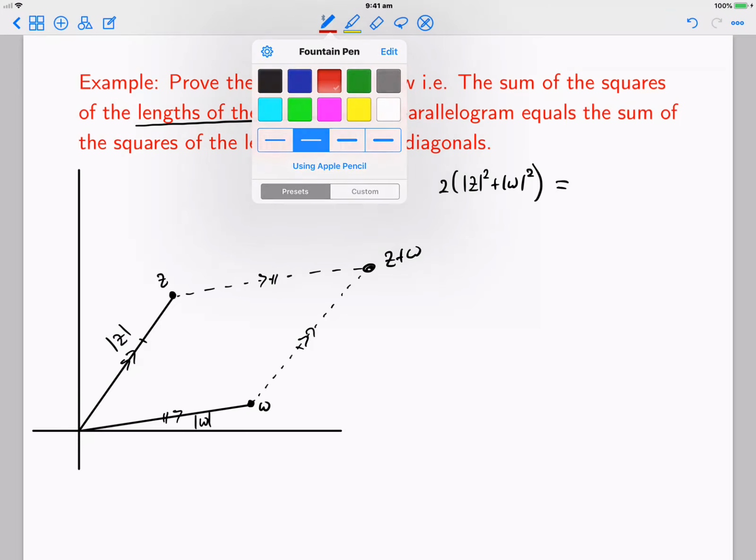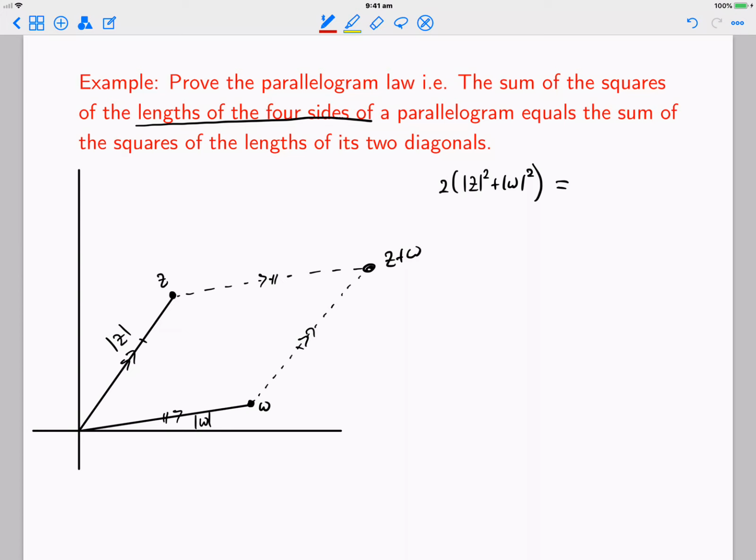So we have two diagonals. The first diagonal goes from here to here.